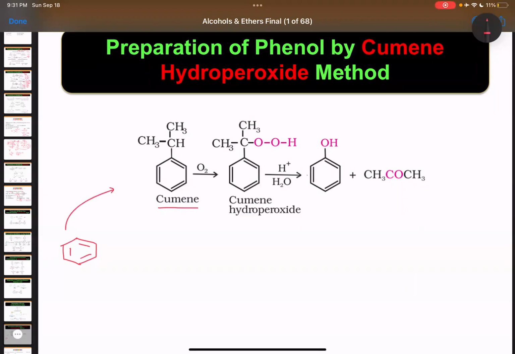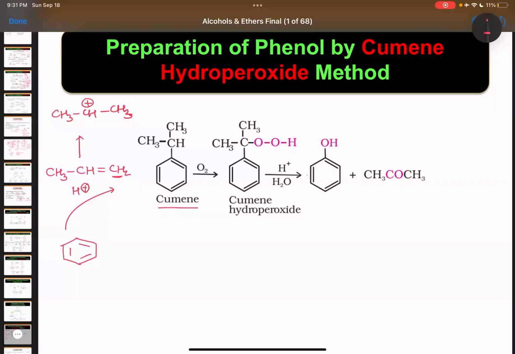You can either take propene, CH3CH=CH2, with H+ as a catalyst. So H+ is going to come and join to the CH2, and you are going to get CH3CH+CH3.